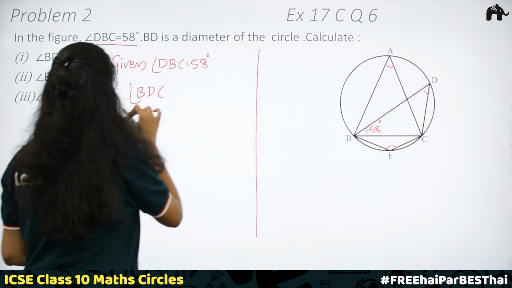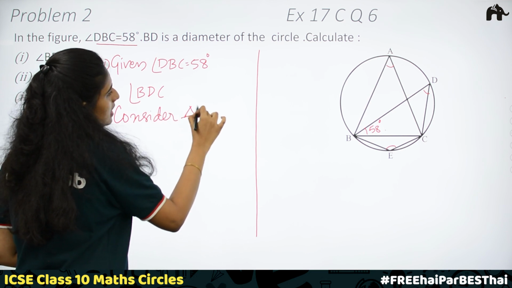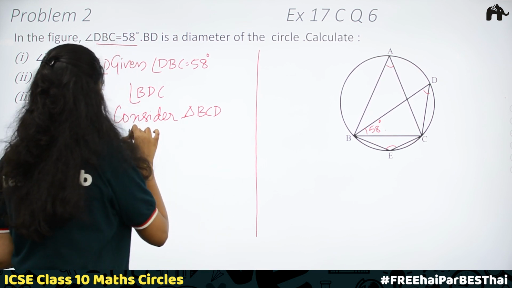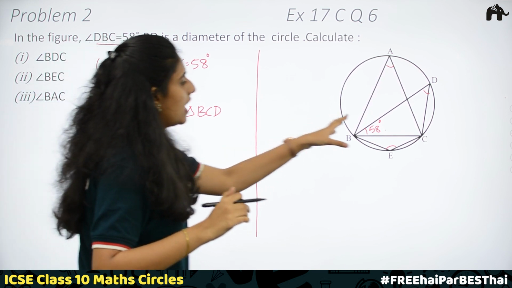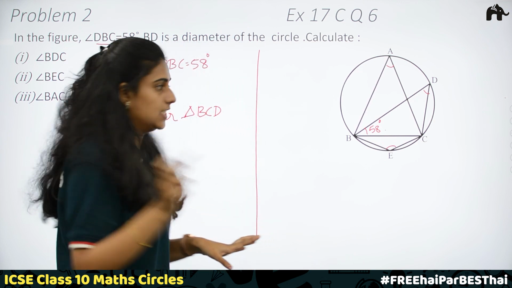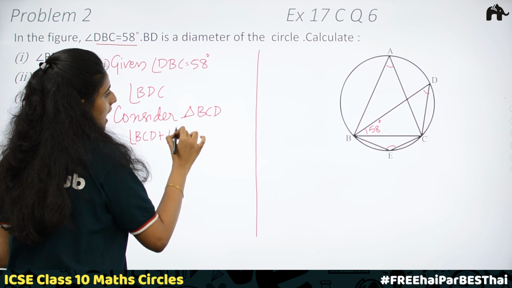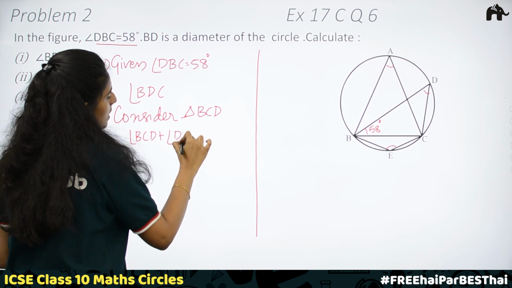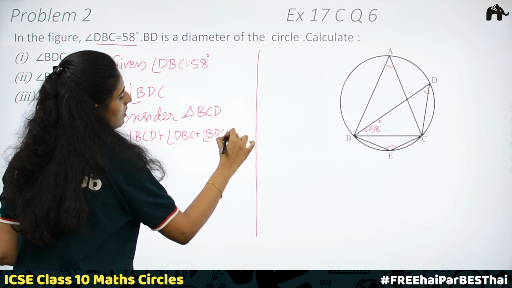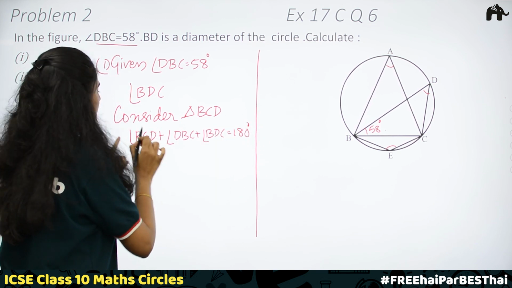Let us consider triangle BCD. We will be having the sum of the interior angles of a triangle, 180 degrees. Angle BCD plus angle DBC plus angle BDC will be equal to 180 degrees. We don't know the value of BCD.